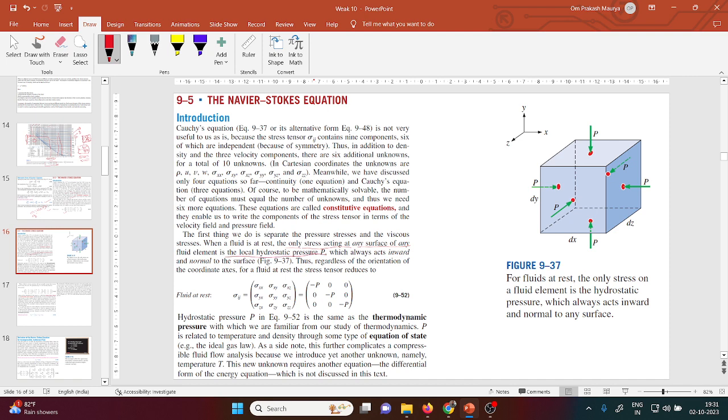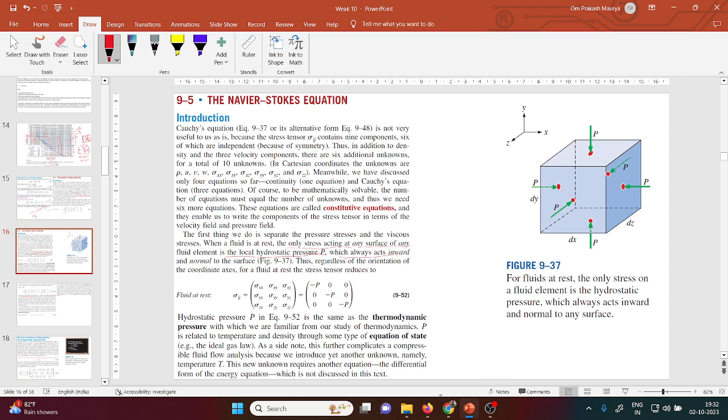When the fluid is at rest, the only force acting on the surface of the body is pressure, which always acts inward and normal to the surface, regardless of the orientation of the coordinate axis. Yes, you know already. The hydrostatic pressure, that is the pressure in the static condition, is the same as the thermodynamic pressure, which we are familiar with. Actually, it is written in the book language.